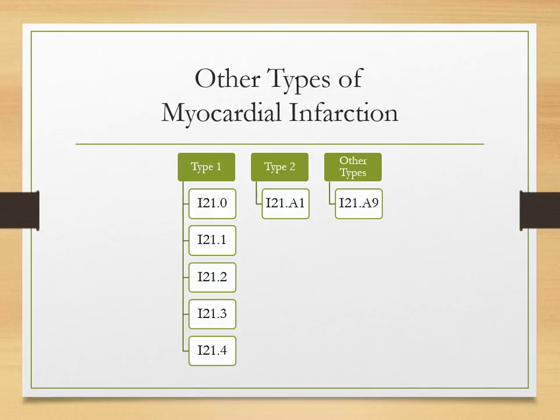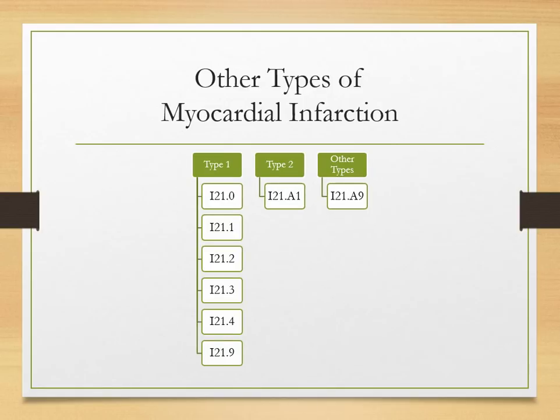Speaking of, and lastly, other types of myocardial infarction. So our code set, as you know, we have the type 1 myocardial infarctions, and those are I-21.0 all the way to I-21.4 and I-21.9.